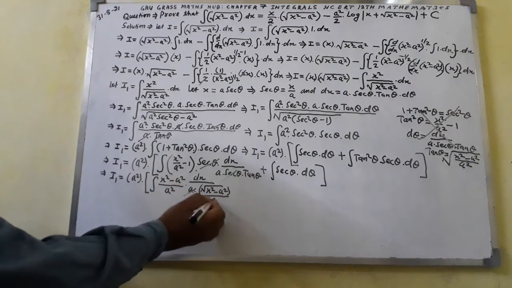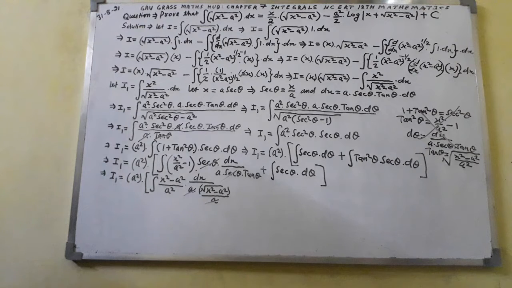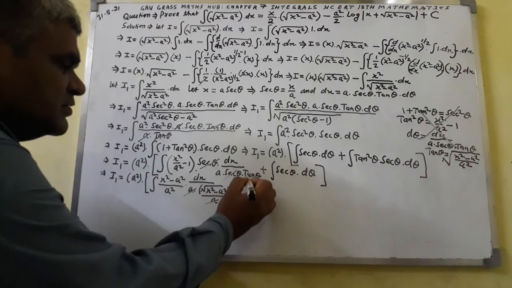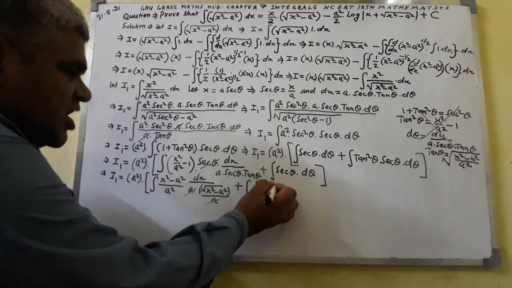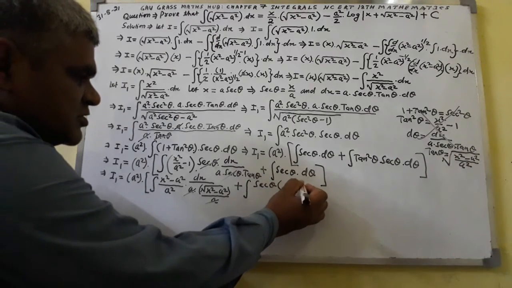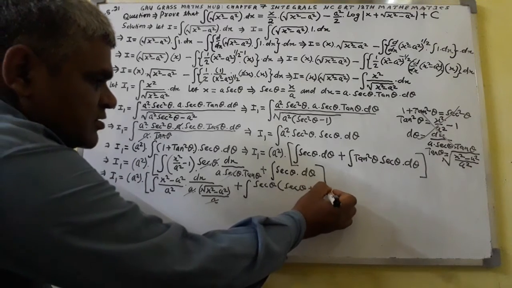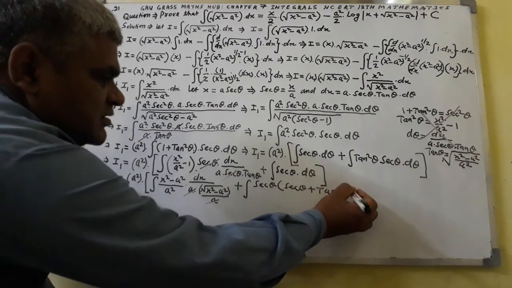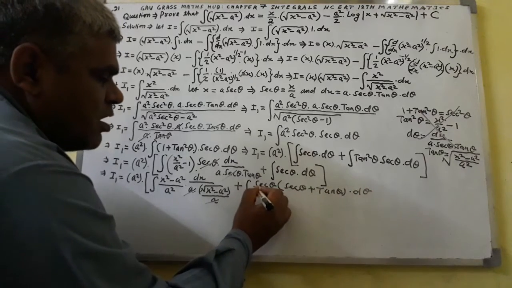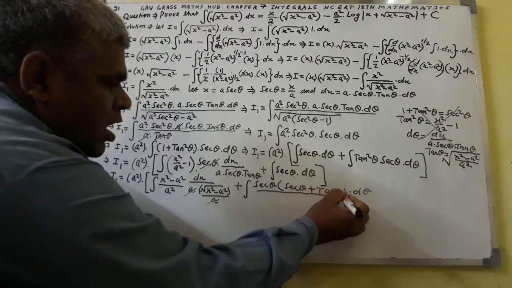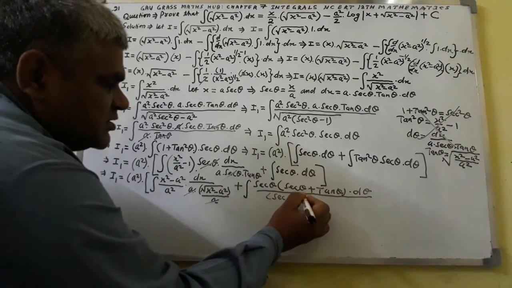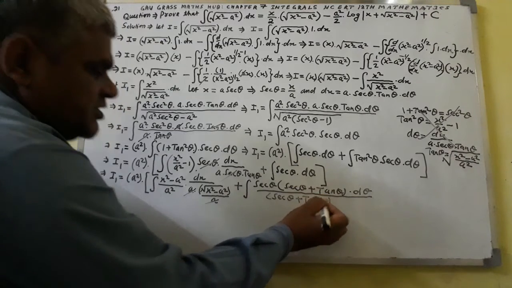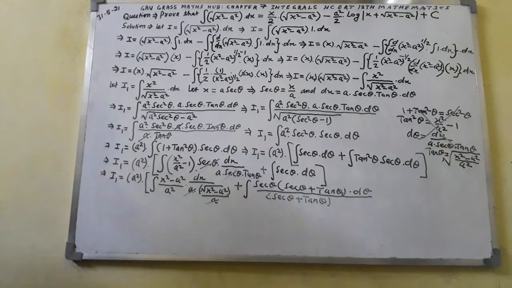So this a will be cancelled out, and again I shall write plus integral sec theta in bracket sec theta plus tan theta dot d theta, whole over sec theta plus tan theta. This thing will be it.